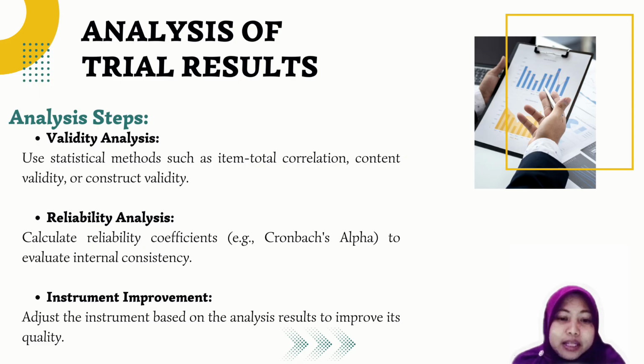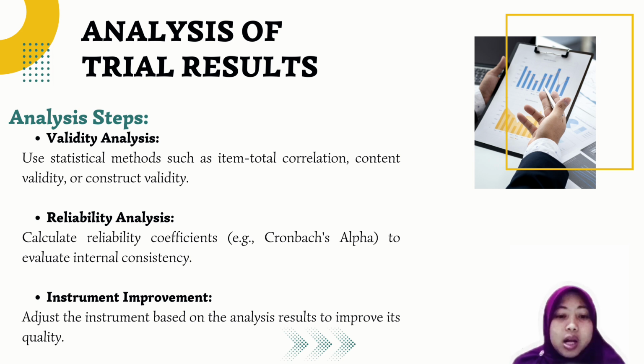After the pilot is complete, we need to analyze the results to determine whether the instrument has adequate validity and reliability. For validity analysis, we can use various statistical techniques to see whether the items in the instrument correlate well with the total score or with external criteria.